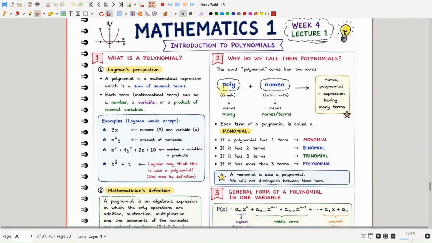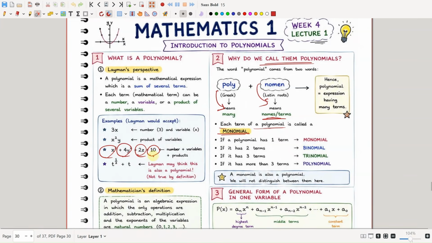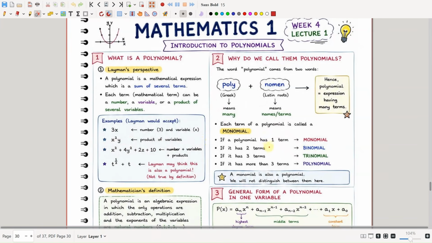So why do we call them polynomials? Poly means many in Greek, and nomen means terms in Latin. Each term of a polynomial is called a monomial. So this is a monomial, this is a monomial, this is a monomial, and this is a monomial, and together we call all these things a polynomial. If a polynomial has one term, it is called a monomial.